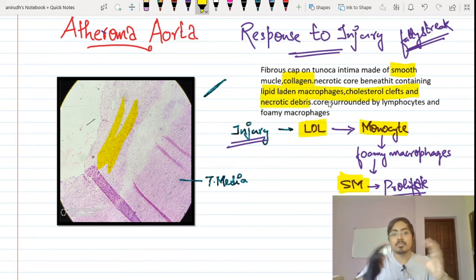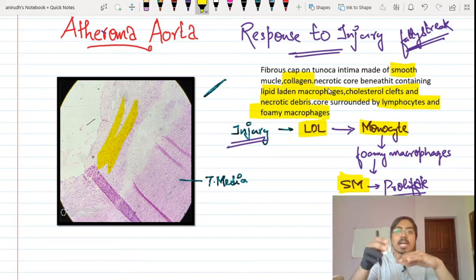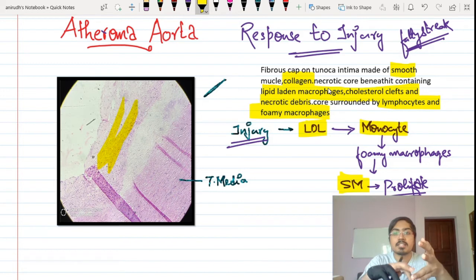This core is surrounded by lymphocytes and foamy macrophages again. So you have a cap and you have a core. The cap is made up of smooth muscle and protein. The core is made up of cholesterol crystals, lipid-laden macrophages, cholesterol clefts, and necrotic debris. This is one important point to remember.